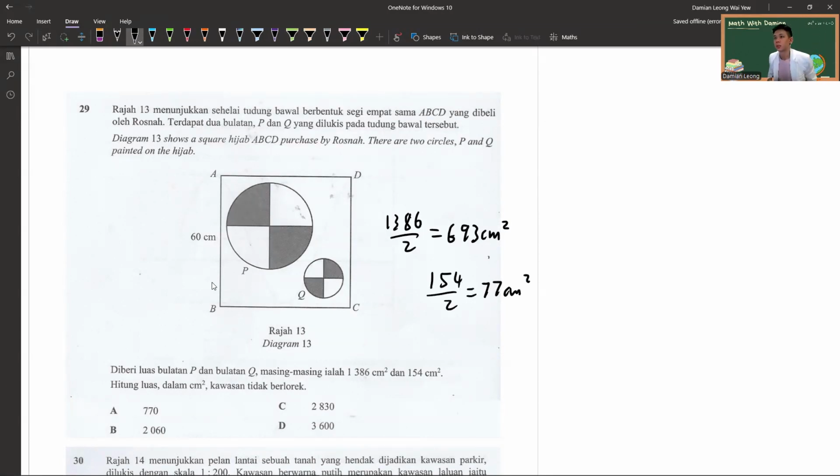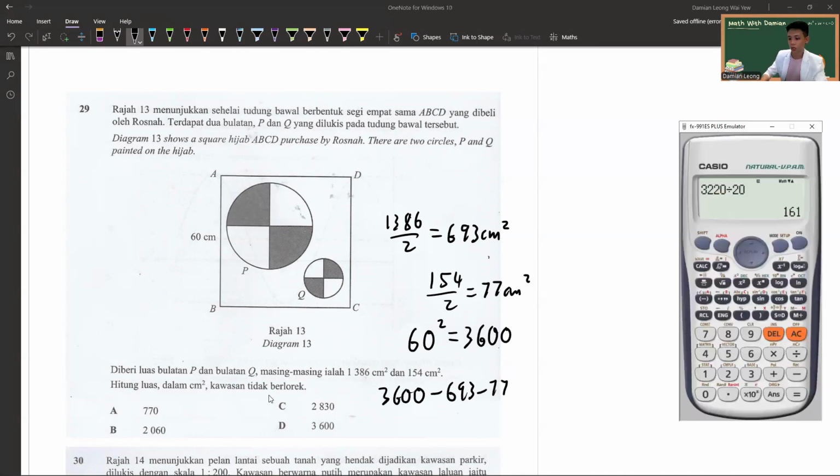Okay. Then area of the whole thing. Yeah. ABCD is a square. Segi empat sama is square. So square, each of the sides same length. So 60 square for the area. 3,600 cm squared. So to find area of unshaded region, you can just take area of the whole thing minus area of the shaded regions.